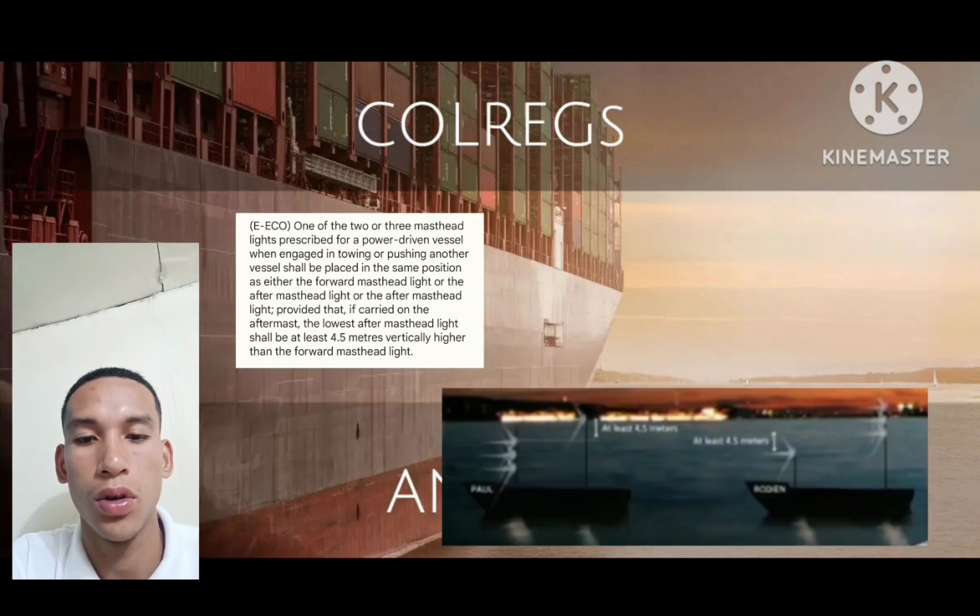E is for Echo. One of the two or three masted lights prescribed for a power-driven vessel when engaged in towing or pushing another vessel shall be placed in the same position as either the forward masted light or the after masted light, provided that if carried on the aftermast, the lowest after masted light shall be at least 4.5 meters vertically higher than the forward masted light.